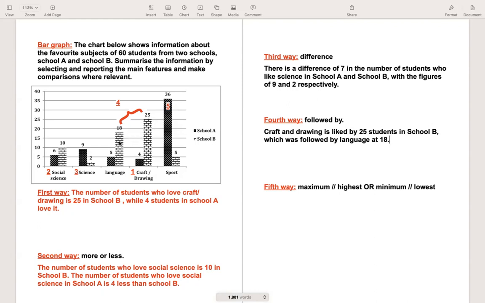Which school? Yes, school B. So there's no A. First of all, I don't know where A came from. What is language following? Object. Yes. What is more? Language is more or craft and drawing is more? Craft. So what is following? Language is coming next, no? So which was followed by language? Language is following. Okay, sir. Thank you, sir.